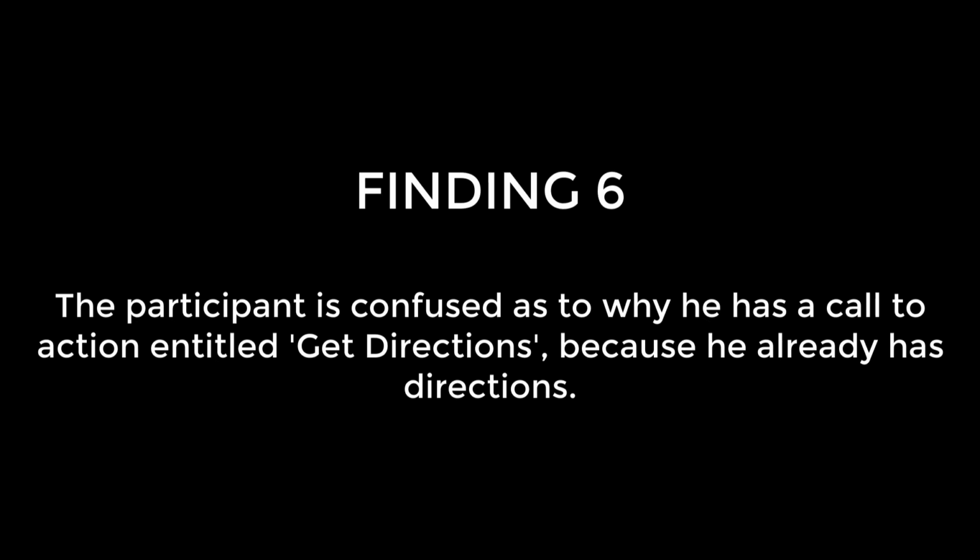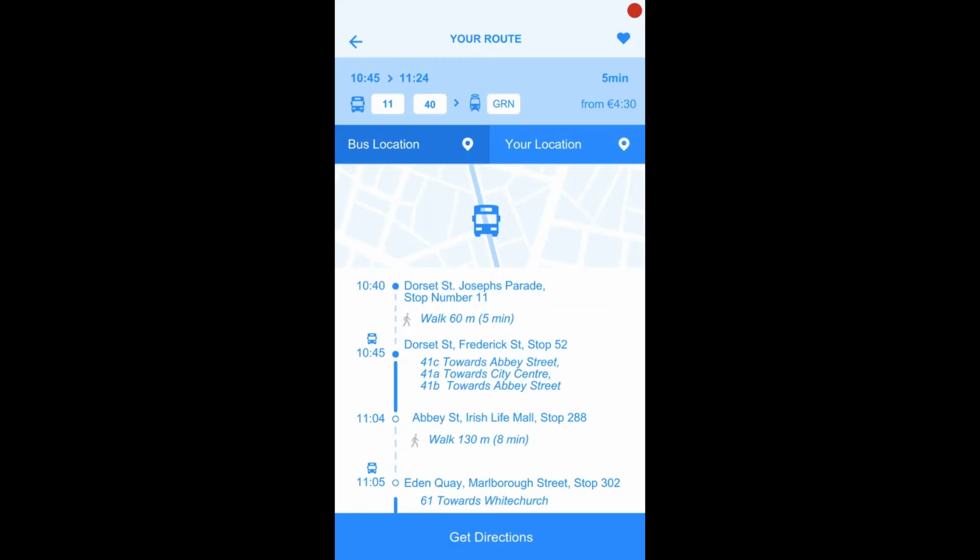The participant is confused as to why he has a call to action entitled Get Direction, because he already has direction. Okay. And is there any other thing there that you can click on? Anything else you can do on this? Get directions. I see that at the foot of the screen. I'm not sure what that would do because it's telling you.